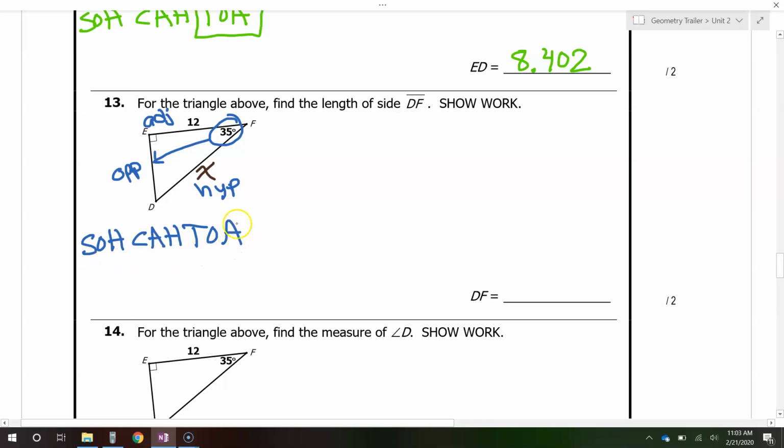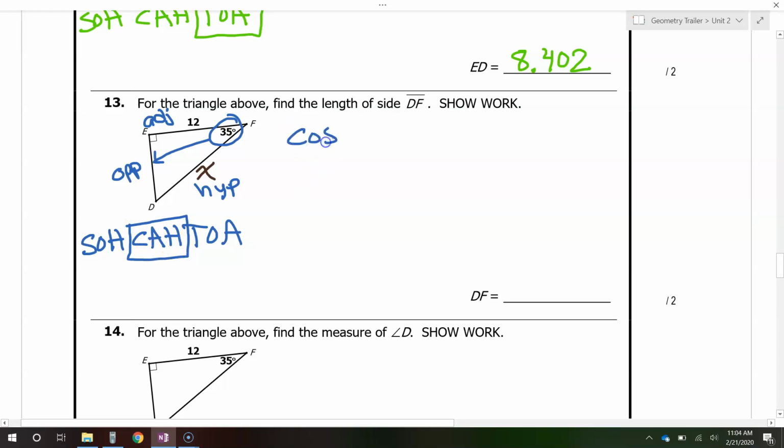Which one are we going to use? Look at the sides. We have 12 and we have x. That's adjacent and hypotenuse. That tells us that we will use cosine because cosine is adjacent over hypotenuse.